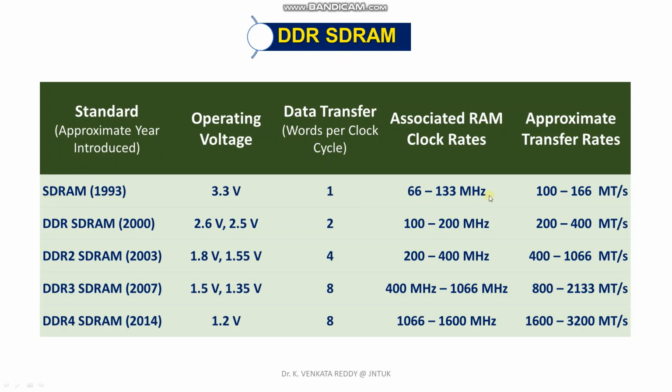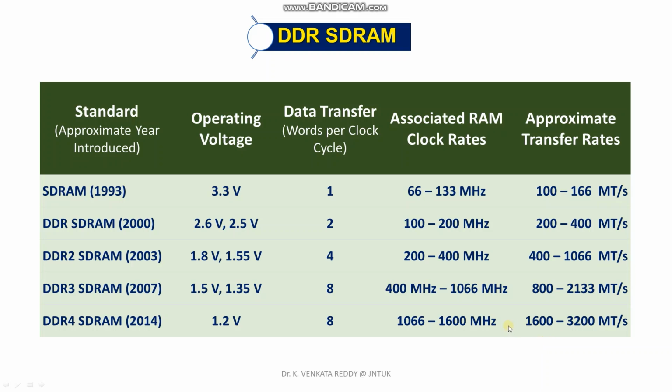The old SDRAMs operated at transfer rates of 100 to 166 million transfers per second during the 1990s. The present day DDR4 SDRAMs operate at 1600 to 3200 million transfers per second. That is the speed of memory that we are using as main memories in the present days.